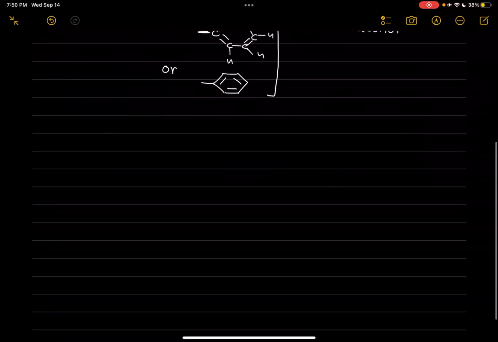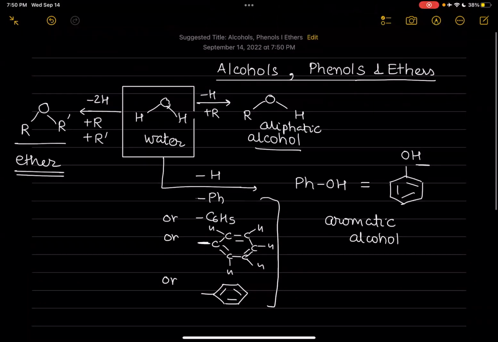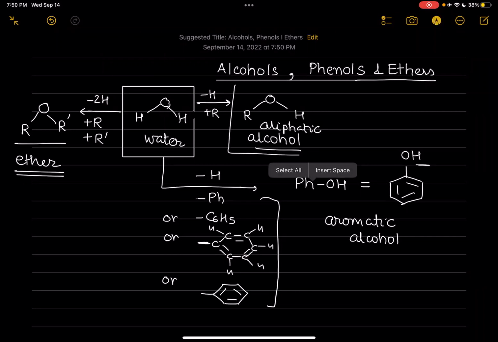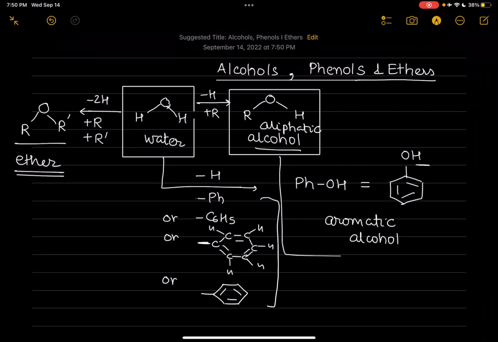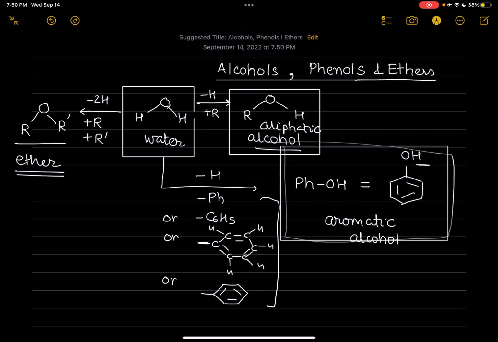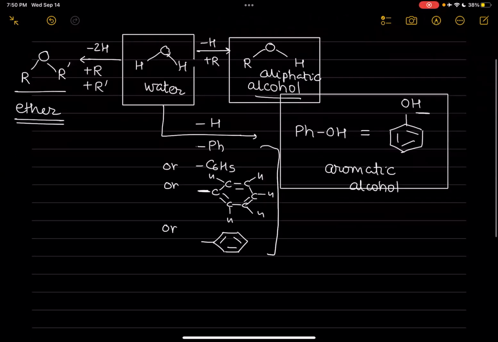So alcohols can be classified into aliphatic alcohol or aromatic alcohol. That is already clear to you. Aromatic alcohols have a benzene ring. If you have a benzene ring, that is aromatic alcohol. And if you have just one alkyl group and OH, that is aliphatic alcohol.